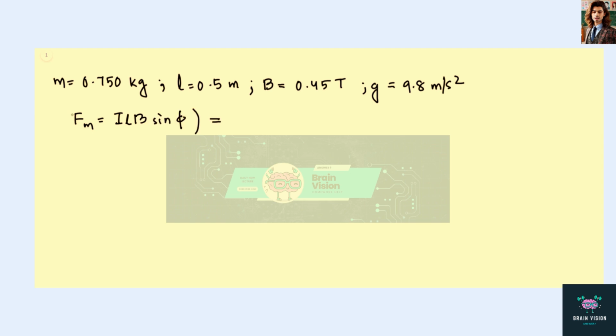The magnetic force, which is given by I times L times B sine phi, must be equal to the gravitational force given by m times the acceleration due to gravity when the bar is just ready to levitate. This gives ILB sine phi equal to mass times gravity.